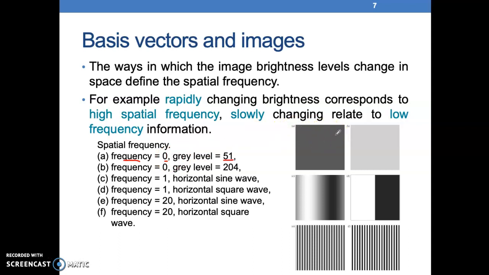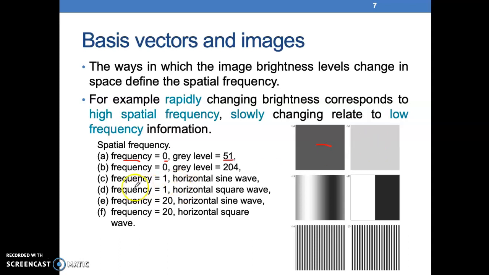Frequency 0 means there is no change, so it only has one color, which is gray. But for B, the frequency is 0, meaning no change in color, but the gray level is 200. The pixel value is 204.